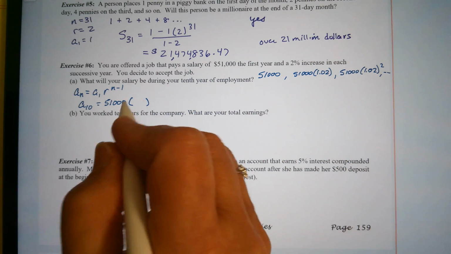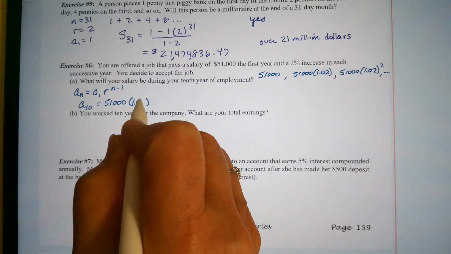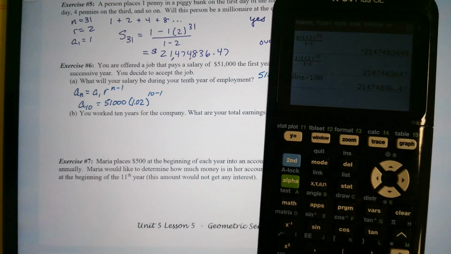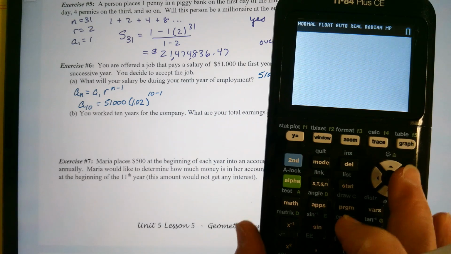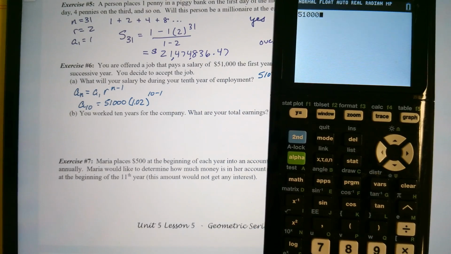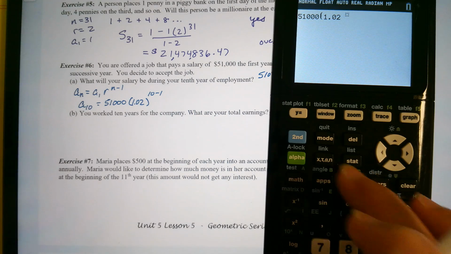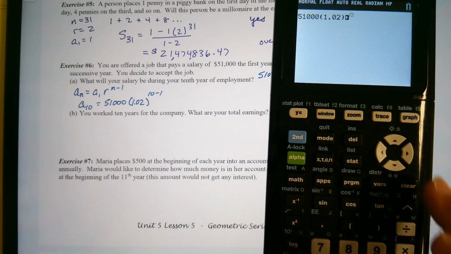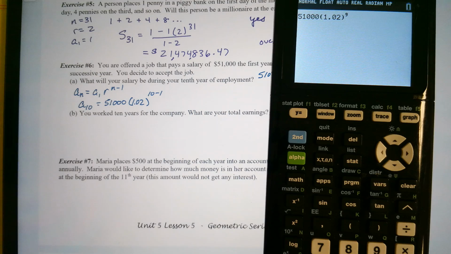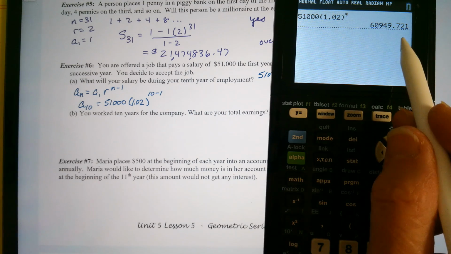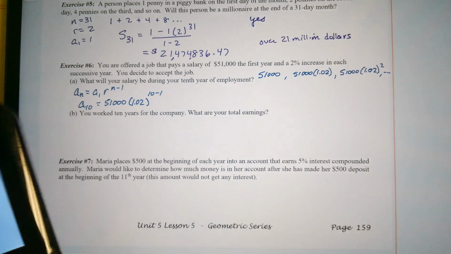So r is 1.02, and 10 minus 1 is 9. $60,949.72.